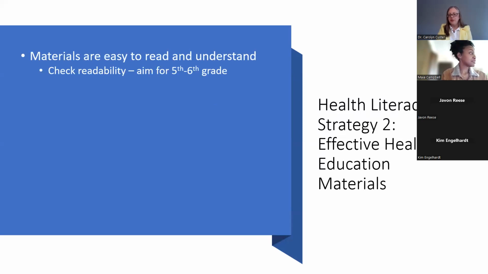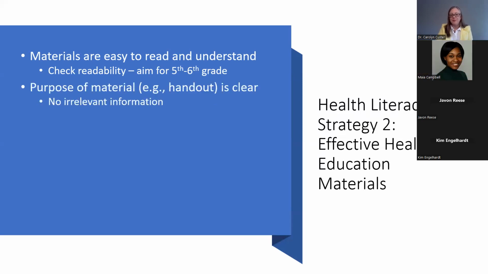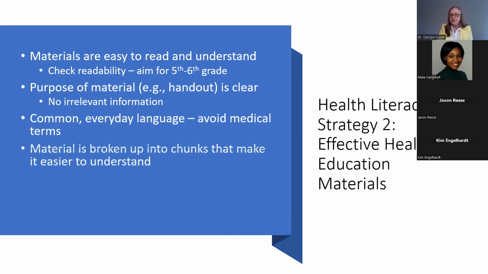So again, materials are effective when they're easy to read and understand. And as a reminder, check the readability and aim for the 5th to 6th grade level. The purpose of the material is clear. We want clear messaging. We don't want to confuse people, especially about things like COVID or public health measures. Use common everyday language, like we just talked about. The material is broken up into chunks.